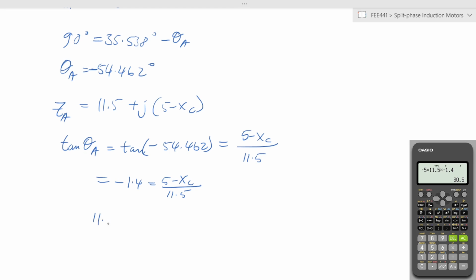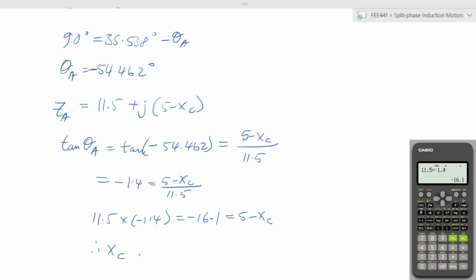So 11.5 times negative 1.4 equals negative 16.1, which is equal to 5 minus Xc.